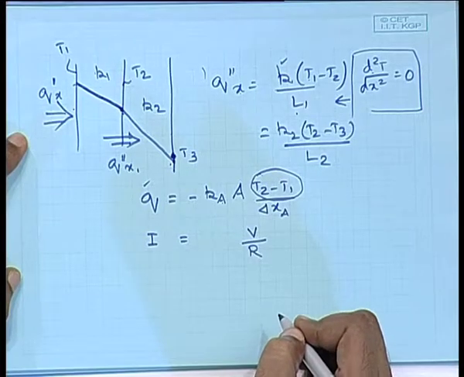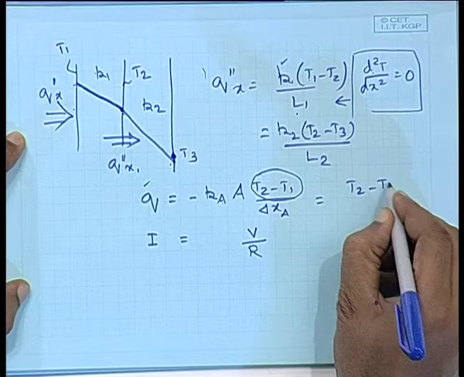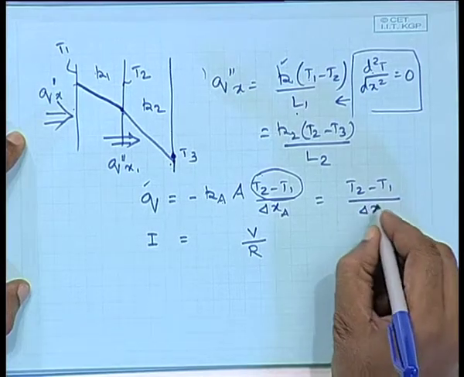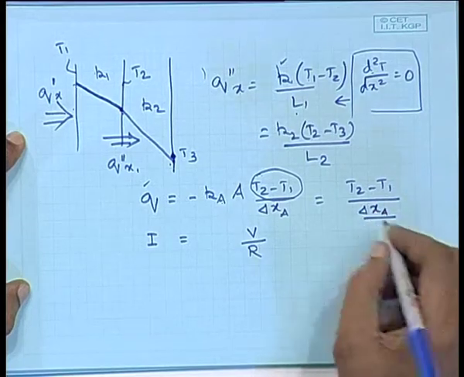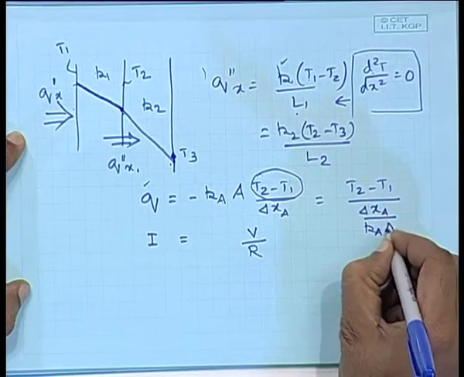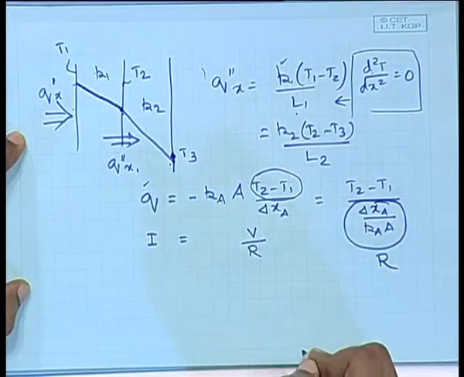So, similar to the resistance in electrical conduction, I can simply write this as T2 minus T1 divided by delta XA by KA. So, this whole thing is my resistance.